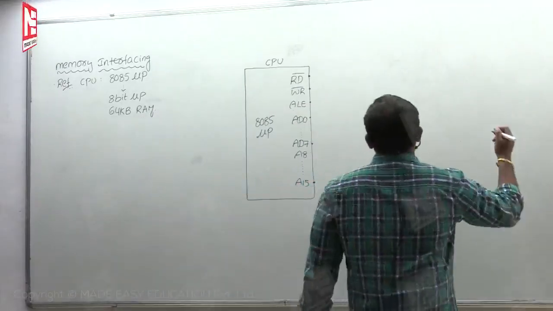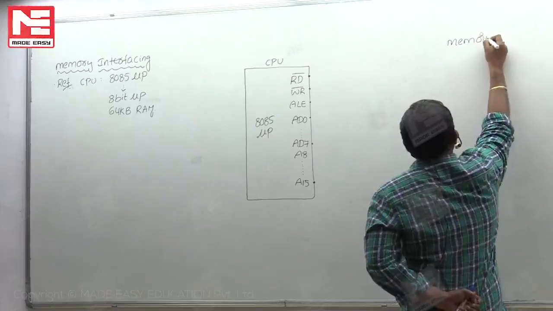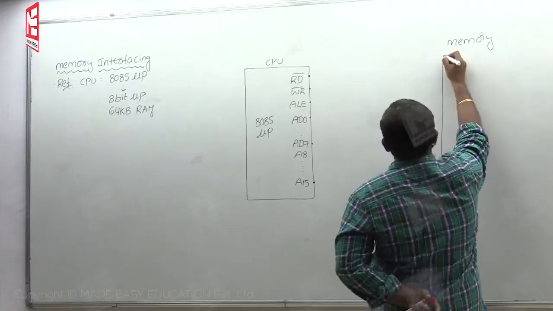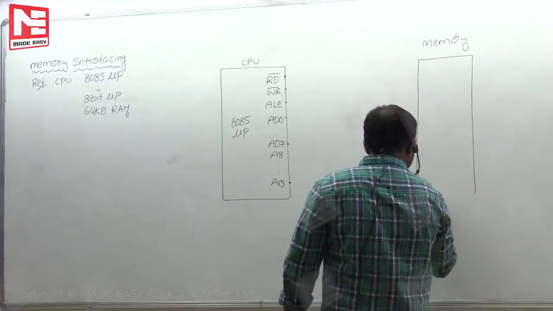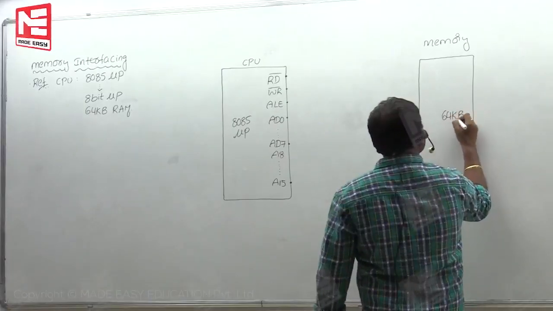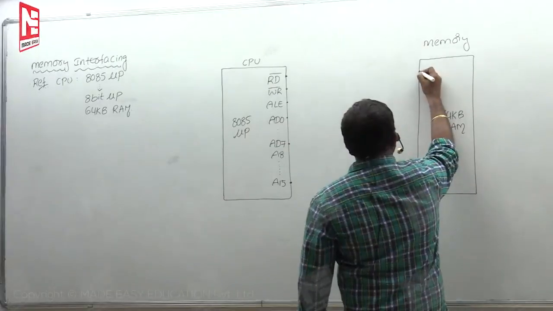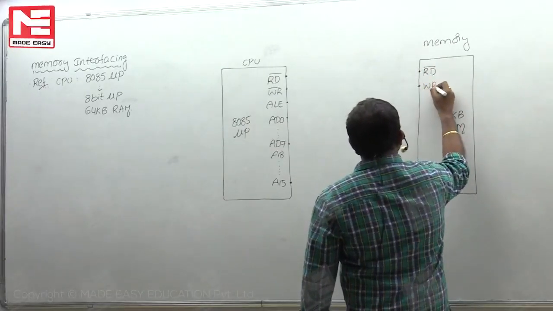So this 8085 supports 64 KB RAM. Now take the 64 KB RAM. In the RAM, the RD bar pin is there and the WR bar pin is there.